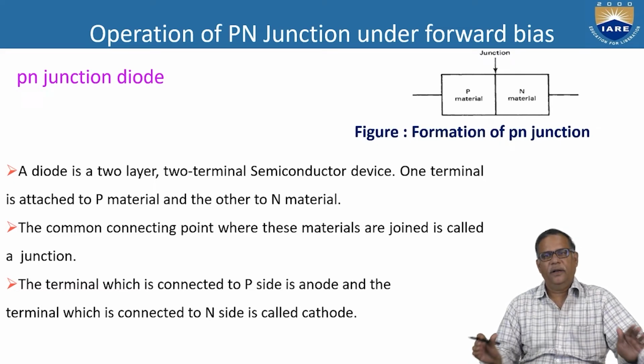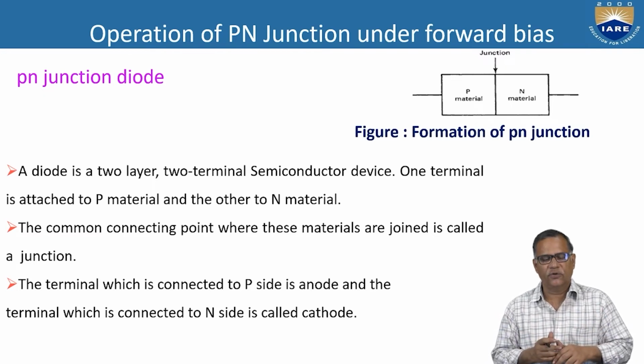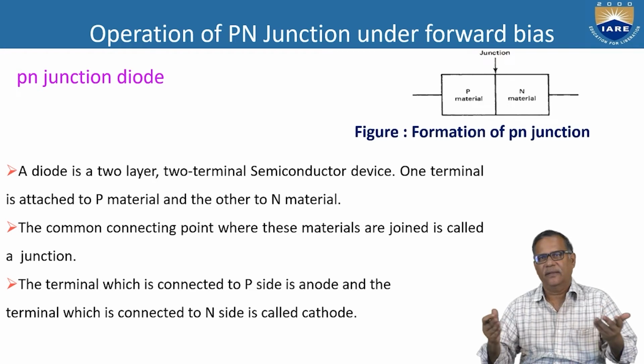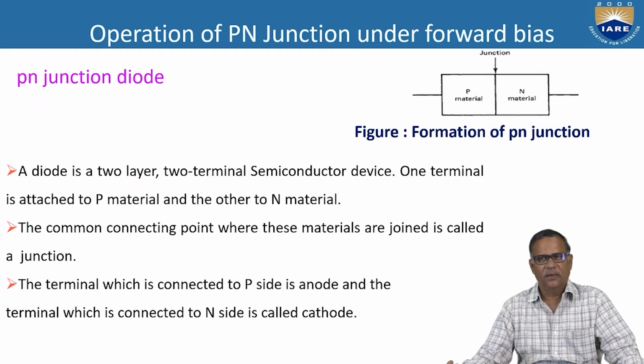So a diode is a two-layer, two-terminal device, and one terminal is attached to the P side and another terminal is attached to the N side. The common connecting point where these two materials are joined is called the junction.